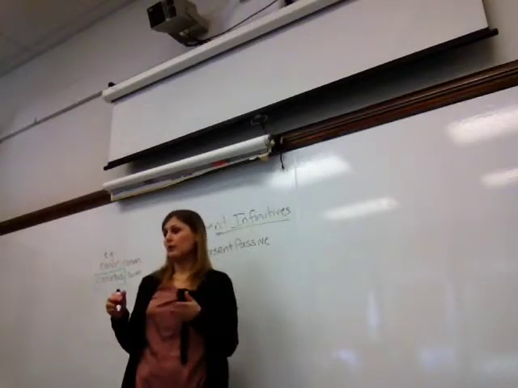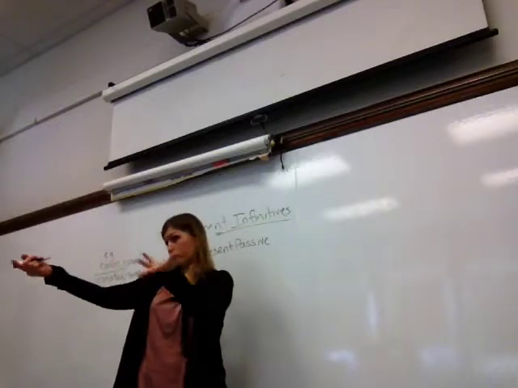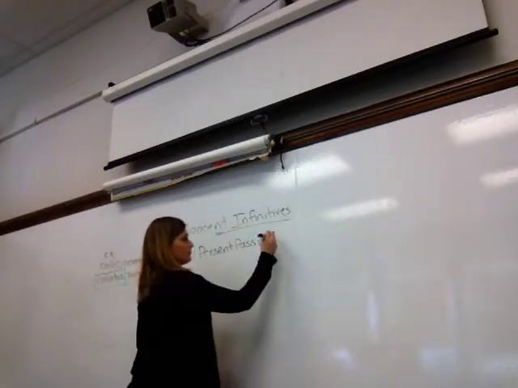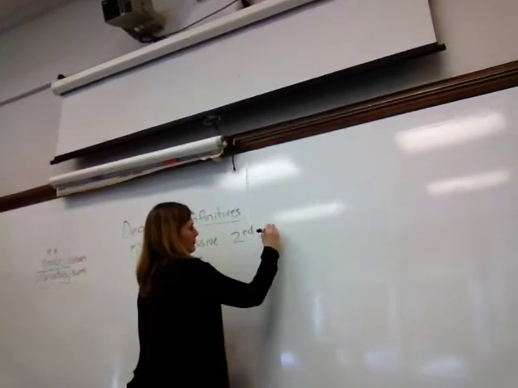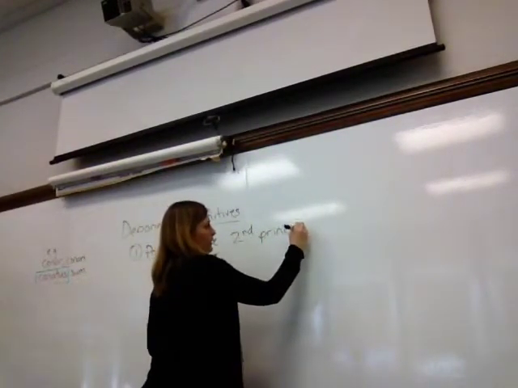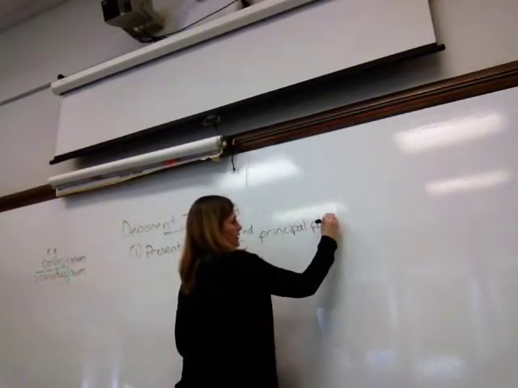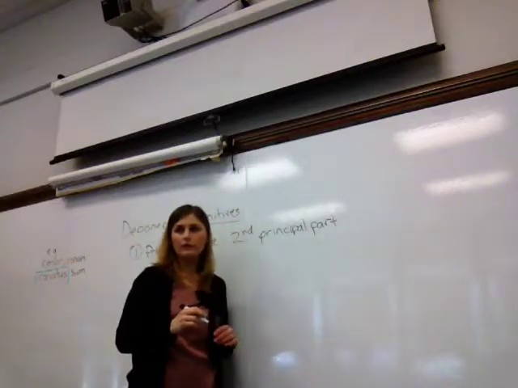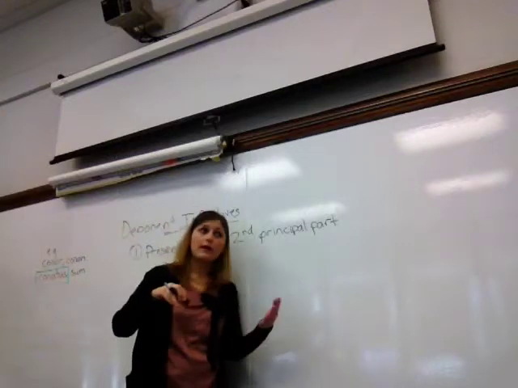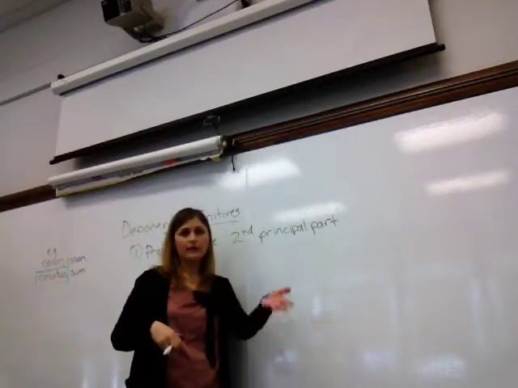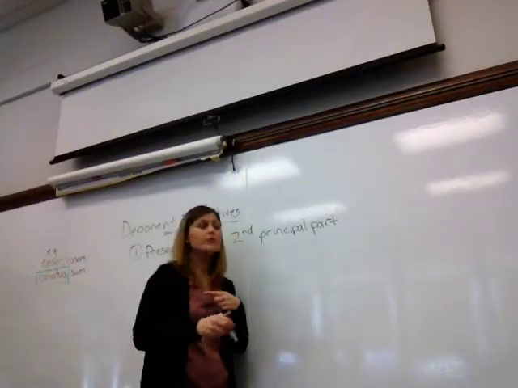So how do you know what the infinitive is in the verb? There you go. Done. Whatever the second principal part is, that's your present passive infinitive. And then how do you translate it? Knowing that it's a deponent verb, so it's going to have a passive form, but an active translation: to blank.